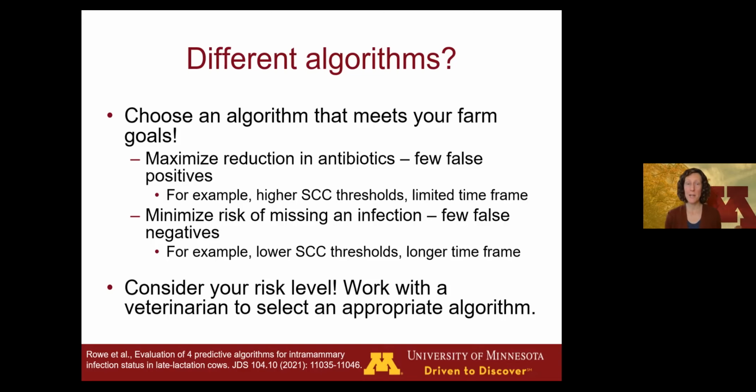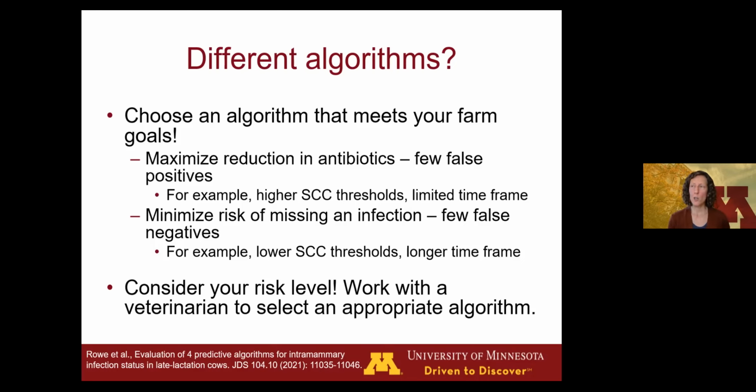If our goal is to minimize the risk of missing infections, we want an algorithm that has relatively few false negatives. So we might use a lower somatic cell count threshold over a longer time frame to make sure that we're getting all the possible infections that might be there at the time of dry off for antibiotic treatment.